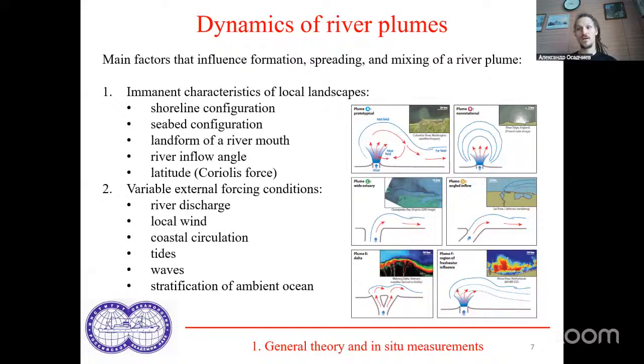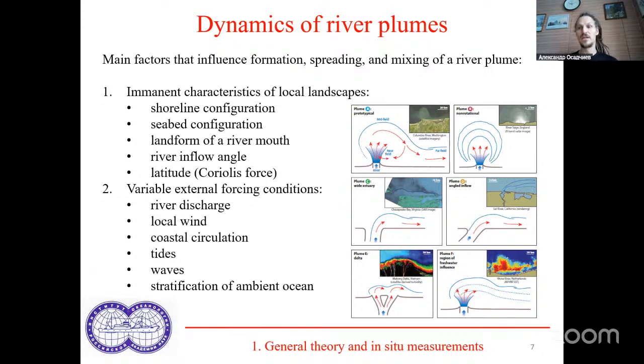Waves also provide mixing of river plumes, as does the ambient stratification of the coastal area. These external forcing conditions strongly affect the area, shape, position, and even the presence of a river plume. Because if there is very strong mixing and the river is not so big, the river plume may not even be formed, since it will be very quickly mixed with saline seawater and will not form a surface advected layer.